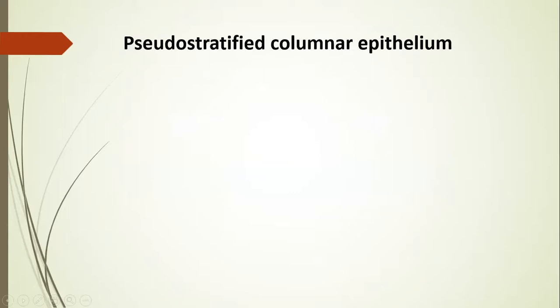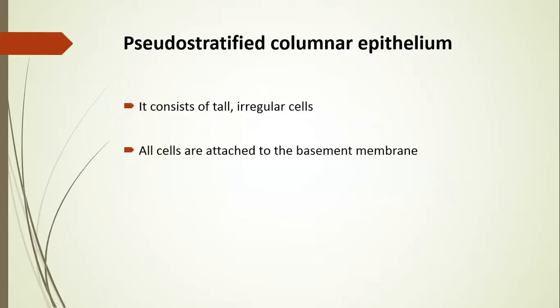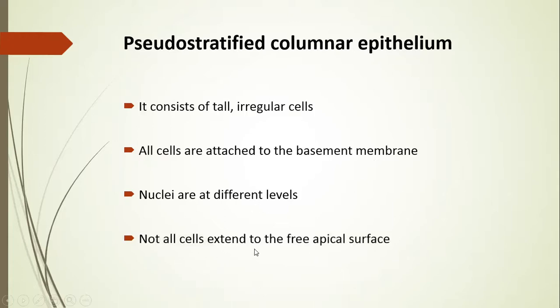Now we go to pseudostratified columnar epithelium, which consists of tall irregular cells. All the cells are attached to the basement membrane, and the nuclei are at different levels, but not all the cells extend to the apical surface.